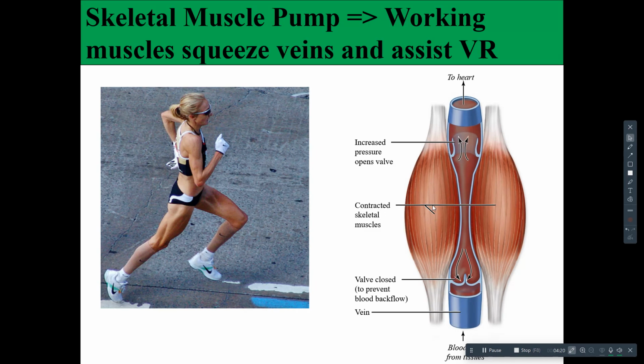As these muscles contract, as their muscle bellies are squeezing, this vein here is getting squished. Blood tries to flow backwards, but the valve prevents that, so blood is forced forward. So movement is going to increase venous return by activating the skeletal muscle pump.